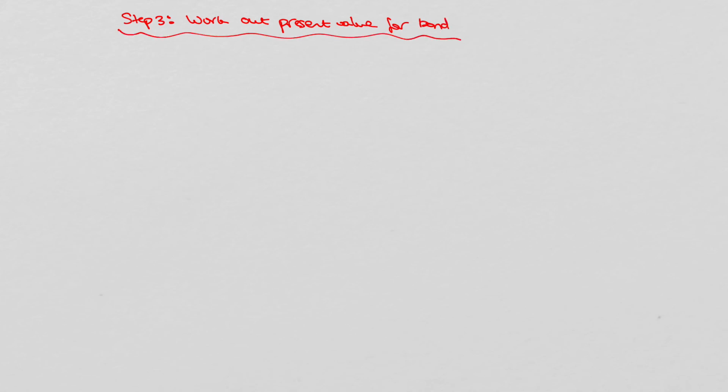Now, because this is a bond and we're told the price of the bond, what we need to do is work out the present value for the bond. So if we're getting our present value, that's going to be F divided by 1 plus i to the power of t.